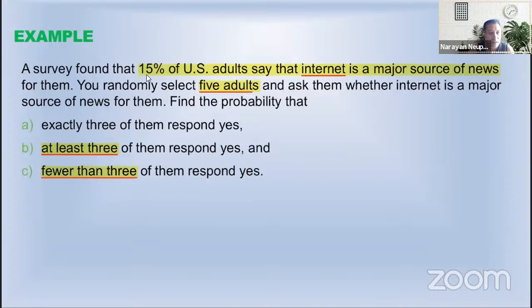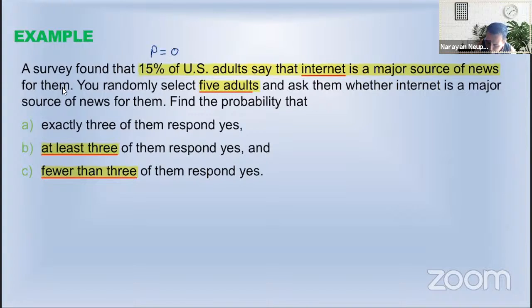A survey found that 15% of US adults say the internet is the major source of news for them. So when asked, 15% of people say that they use the internet as the source of news. That means the value of P is 0.15.